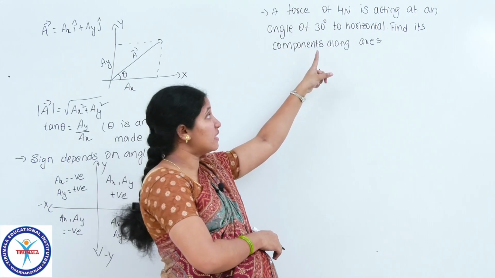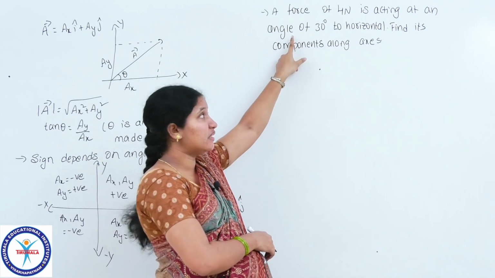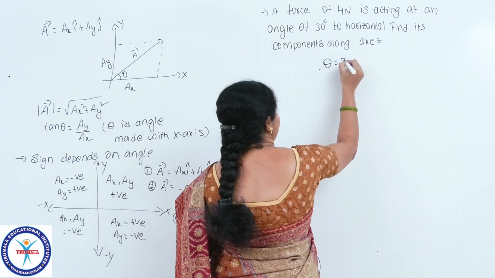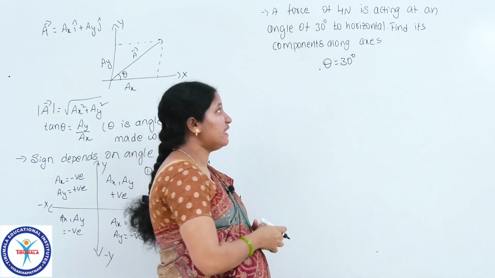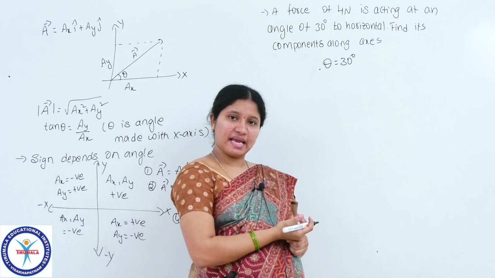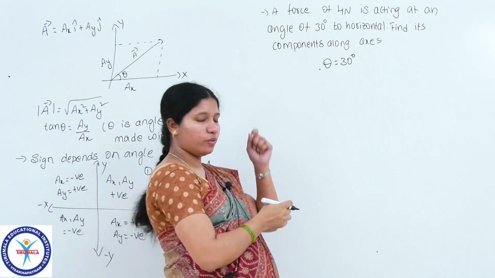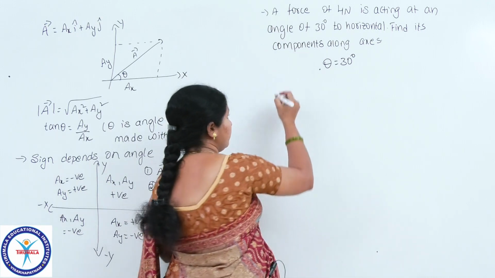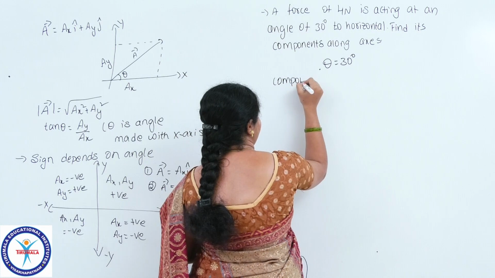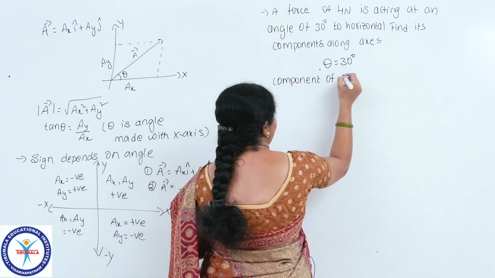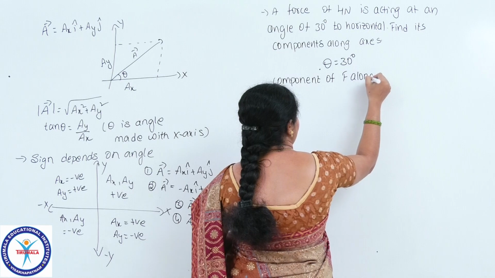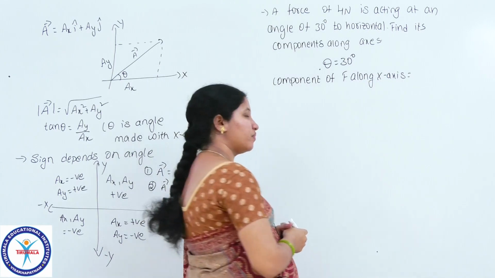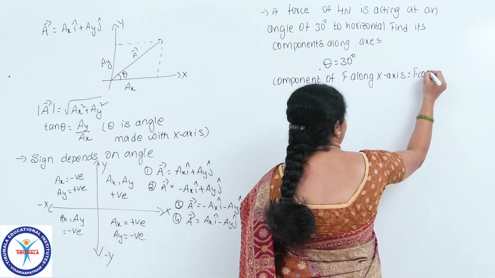A force of 4 newtons is acting at an angle of 30 degrees to the horizontal. So, the angle theta is equal to 30 degrees. Find its components along the axes. In 2D, we have 2 axes, x and y. So, the component of F along x axis is given by F cos theta.